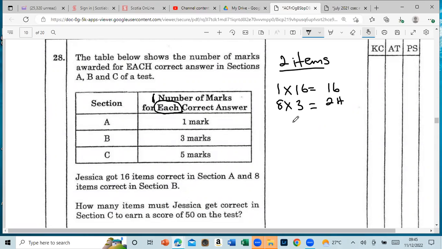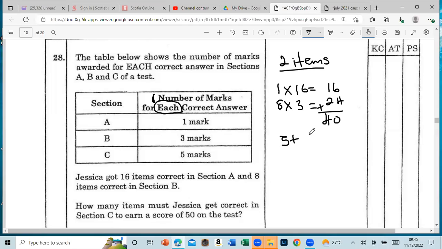What did you do next? Then I added 24 and 16 to get 40. Very good. What's next? Then I added 5 plus 5 to get 50.